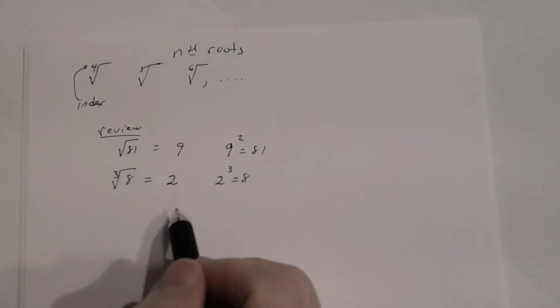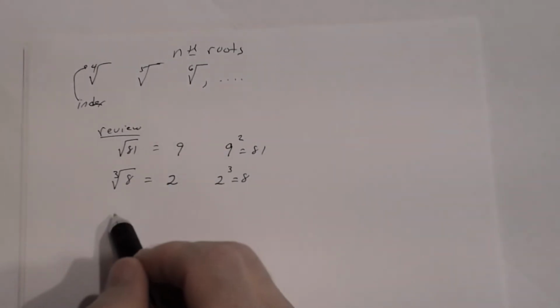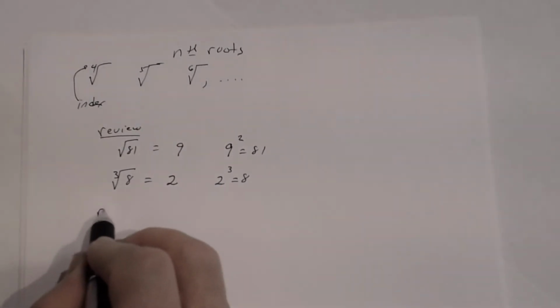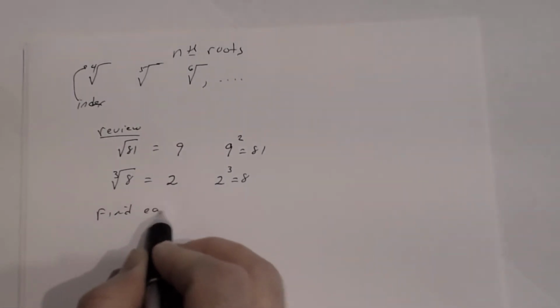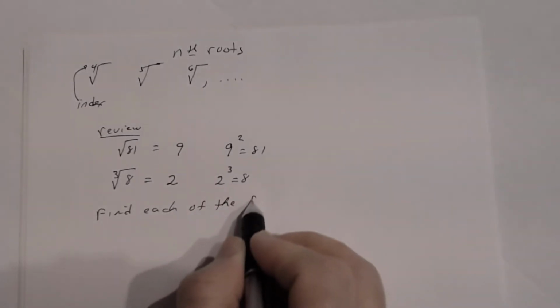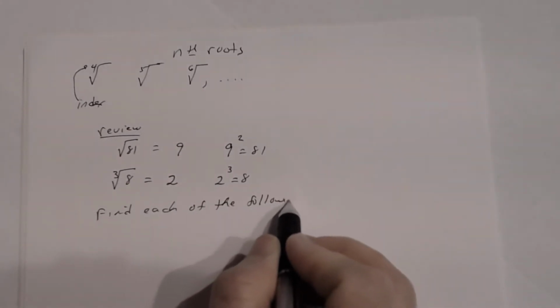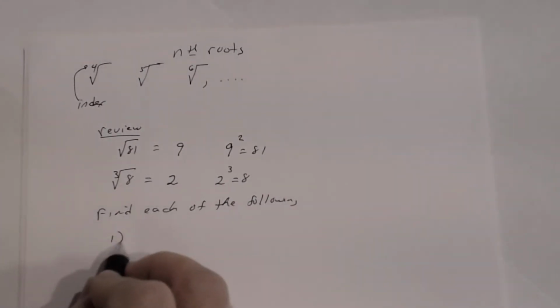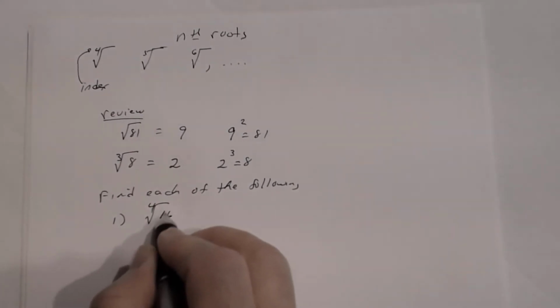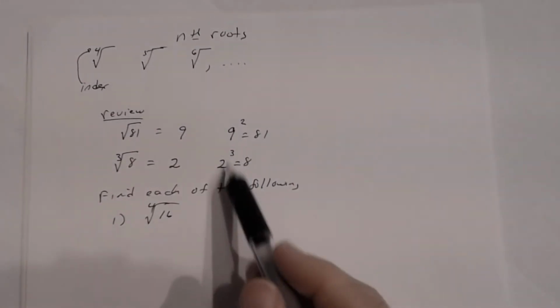And so if we extend this further, for example, let's find each of the following. If I look at number 1 and I want to find the fourth root of 16, I can use that idea here.